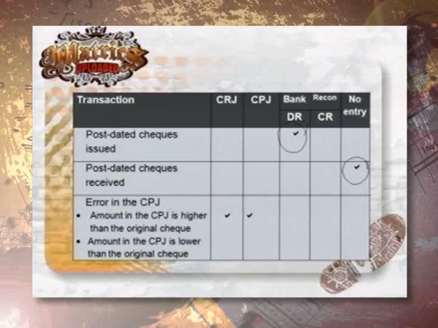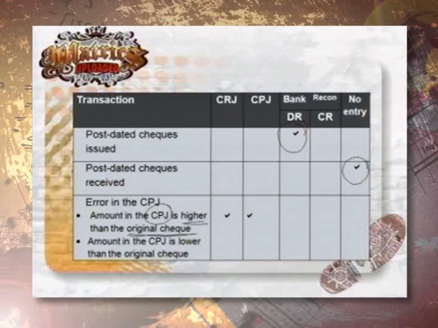Next, we come to errors in our cash payments journal. Now, be careful with this one here. You got to identify the error, and you got to know exactly what we do with it.